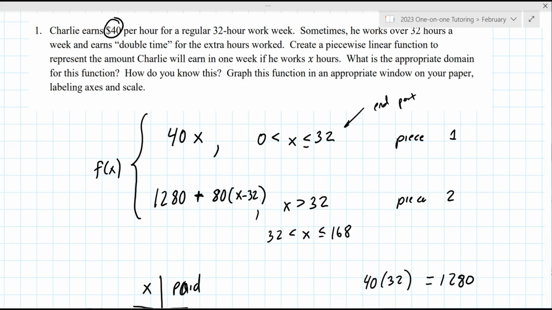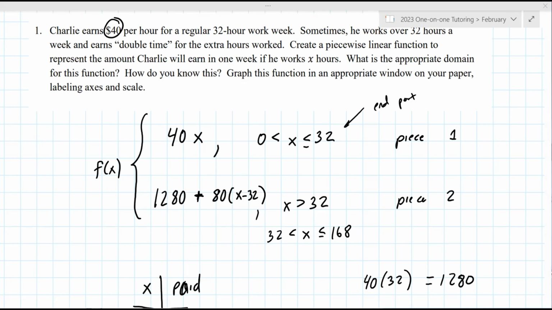So if x were 33, like if you work 33 hours for a week, 33 minus 32 is 1. 80 times 1 gets you that additional 80. Any questions on this so far? No, that makes sense. Okay.